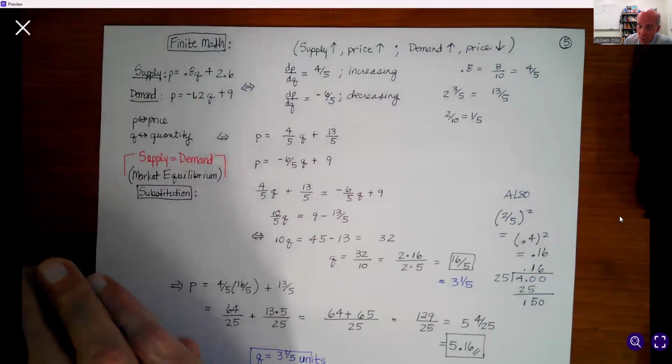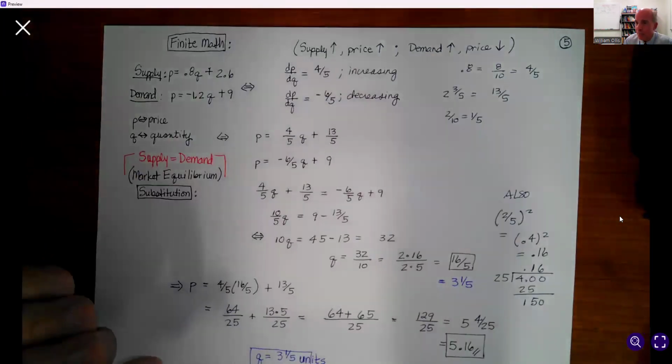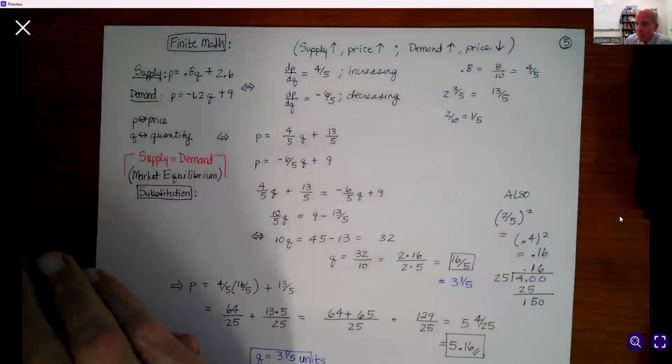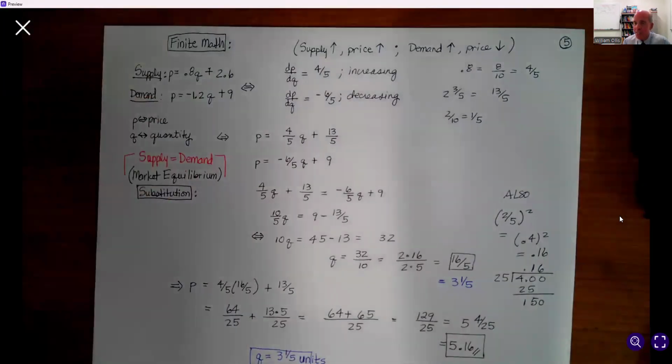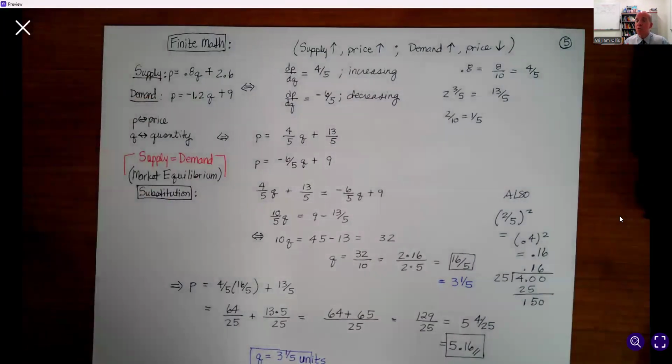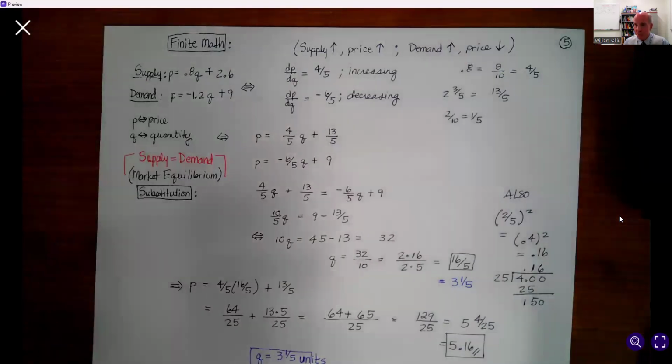So again, just like the two equations that we graphed, one had an increasing slope, so to speak. Well, we'll just say the line produced an increasing function. Okay, so we don't necessarily say increasing slope, we say positive slope.